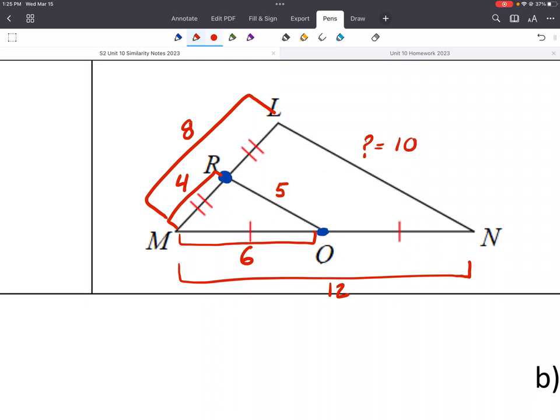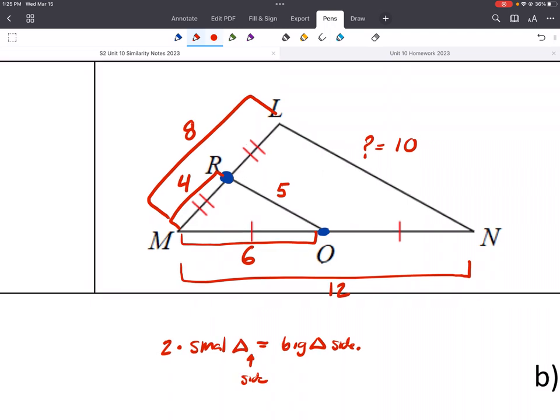So this is basically the theorem: 2 times the small triangle side is equal to the big triangle side. So if we take the small triangle's side and multiply it by 2, we'll end up getting the big side of the triangle.